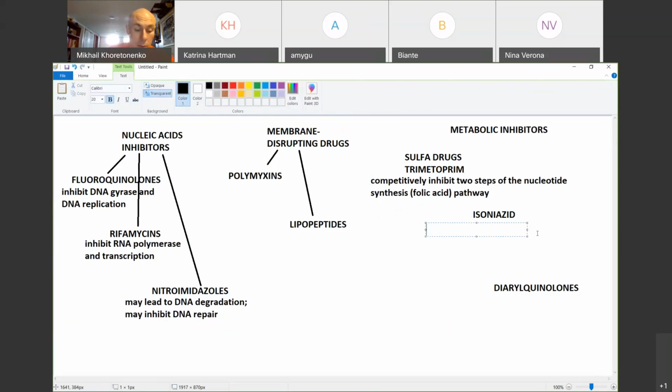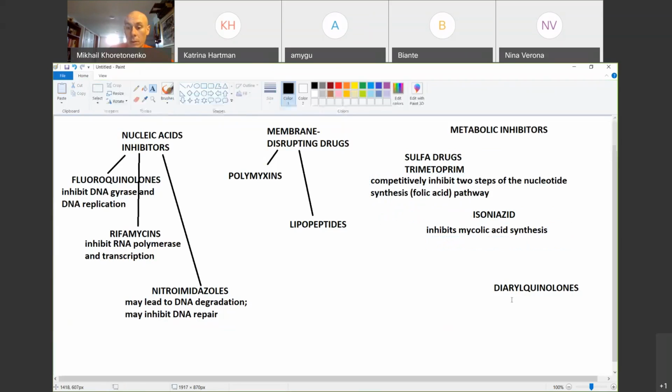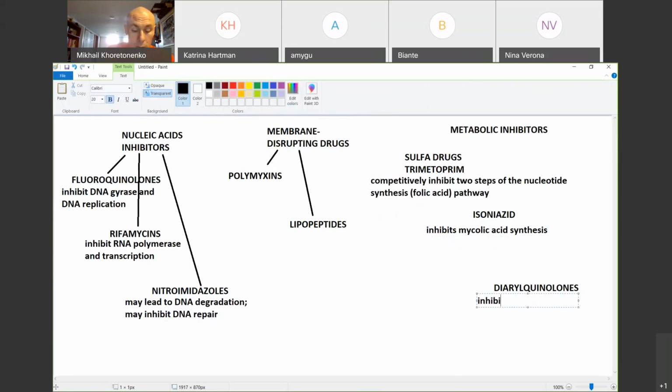Isoniazid inhibits mycolic acid synthesis, and diarylquinolones inhibit bacterial ATP synthase.